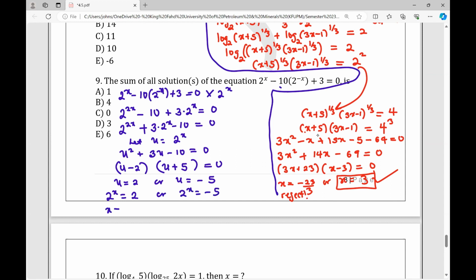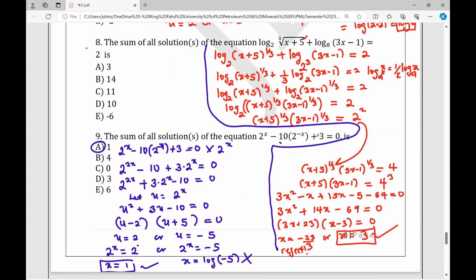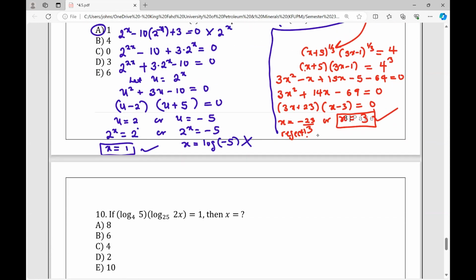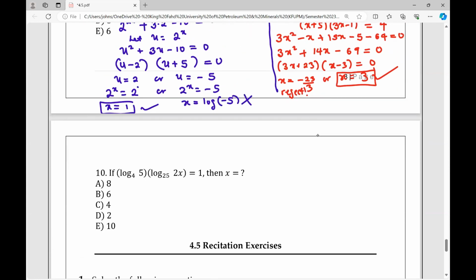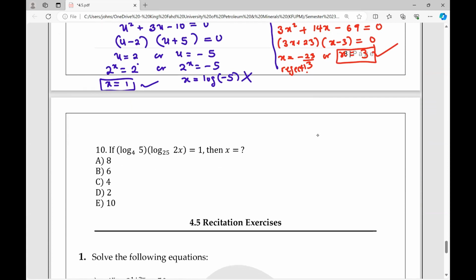So clearly here, x is going to be 1. But here, x is going to be log of minus 5, which is impossible. So you reject it. So our solution is just x equals 1. So the answer here is A. The answer here is also A, question number 8. Then finally, question number 9.